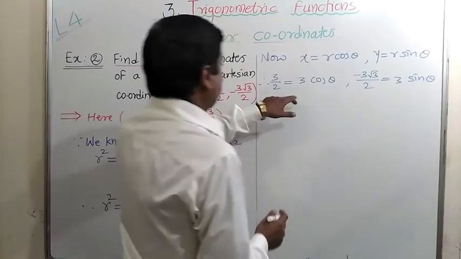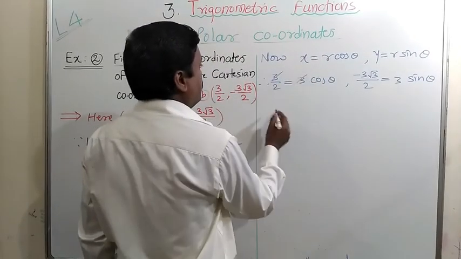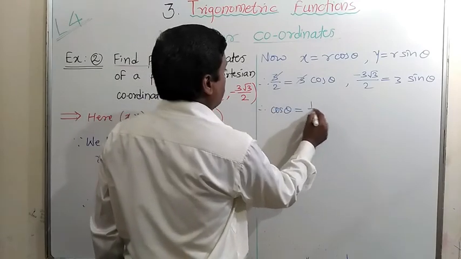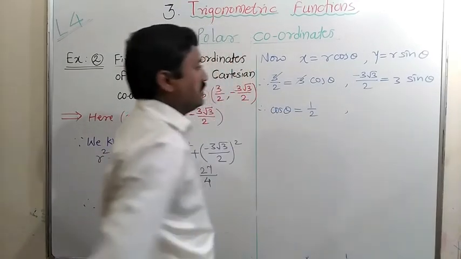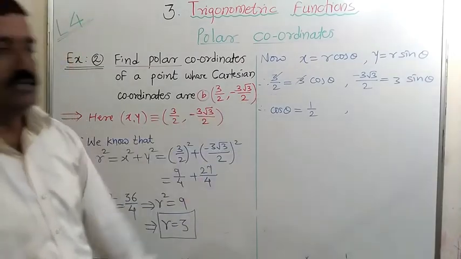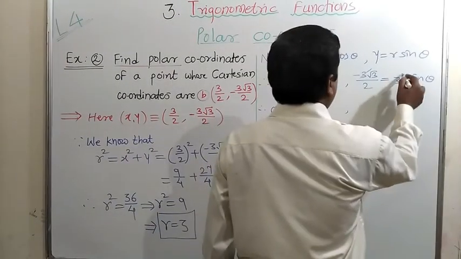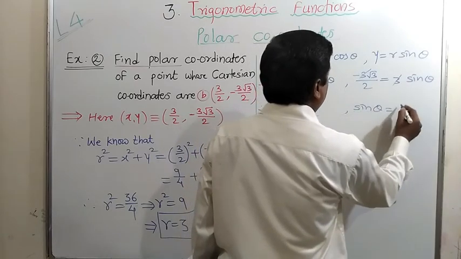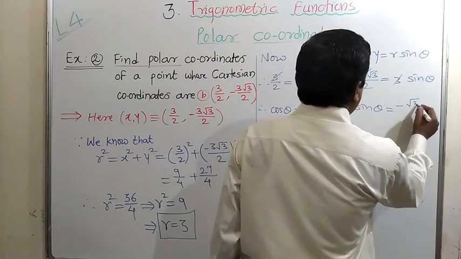By cancelling 3, we get cos theta is equal to half, and sin theta is equal to minus root 3 upon 2.